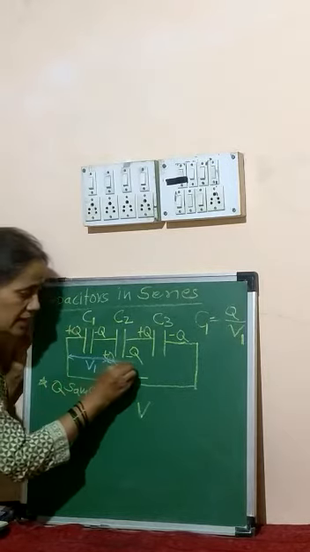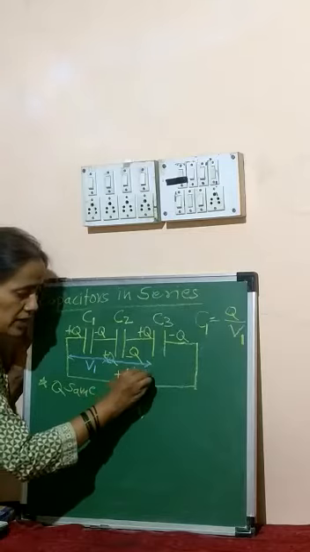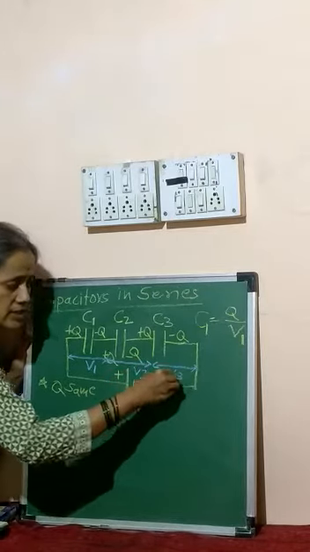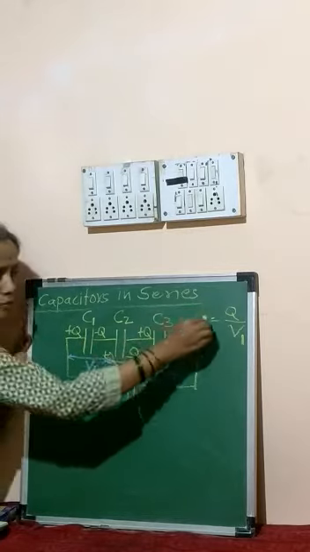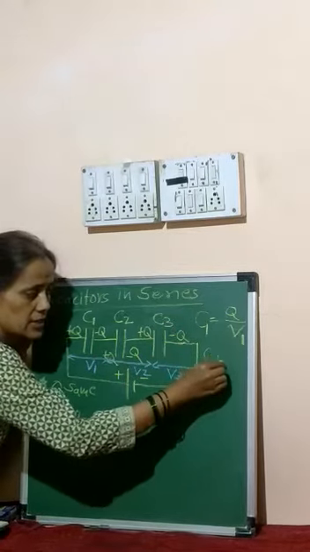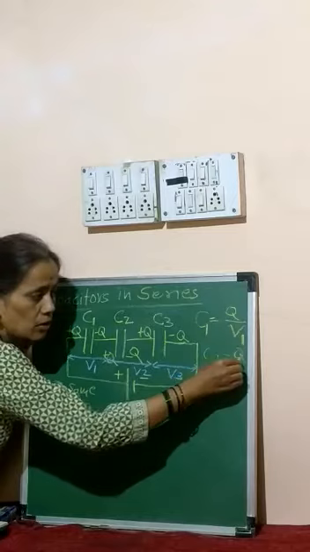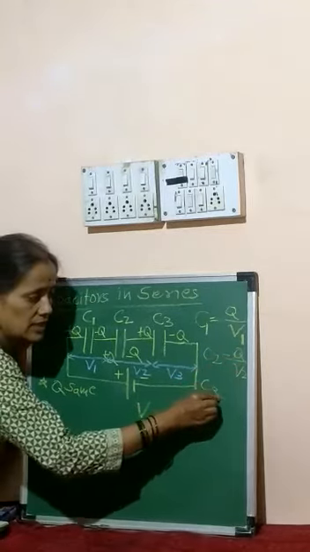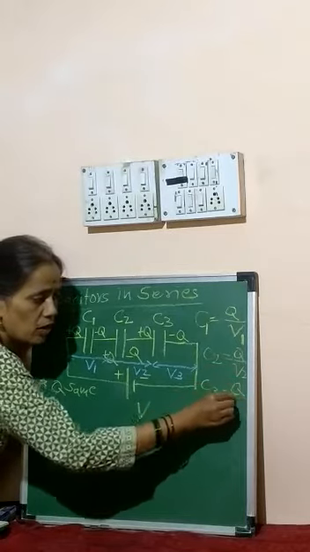Similarly, on C2 the developed potential is V2, and on C3 the developed potential is V3. So for C2 I can write C2 is equal to Q upon V2, and similarly for C3, C3 is equal to Q upon V3.